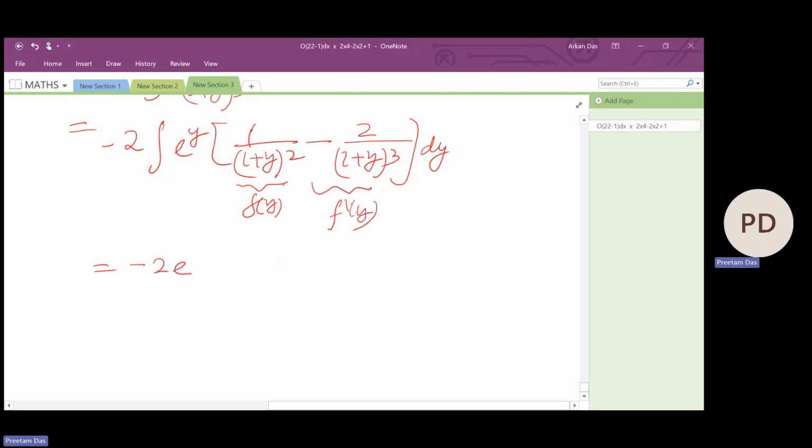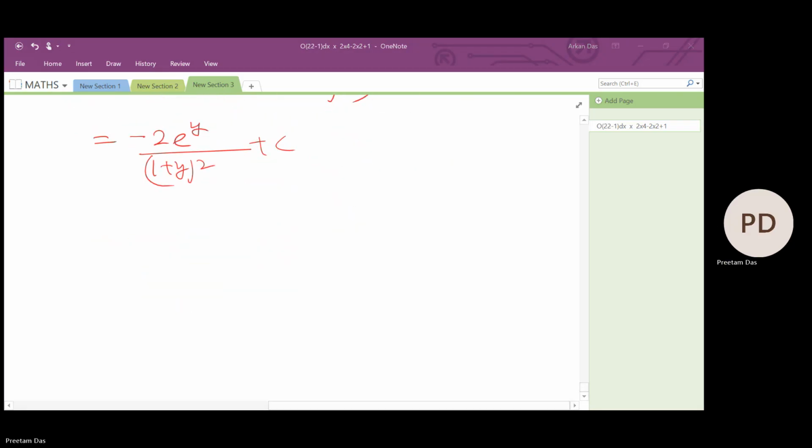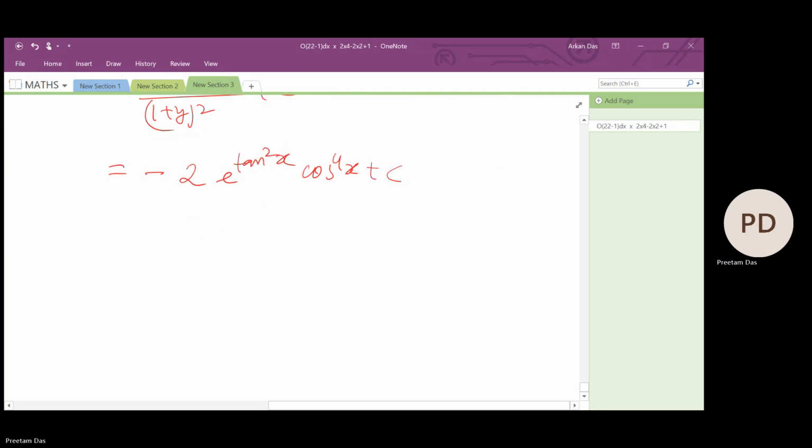So minus 2 e power y, e power x f of x, over 1 plus y square, plus c. Put the values back to get, it is a minus 2, it is b 4. So it is a raised to 2b, 256.